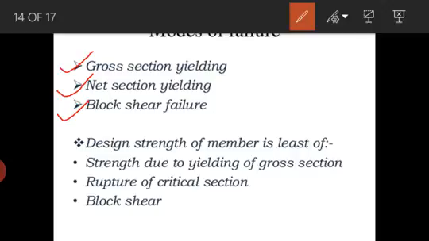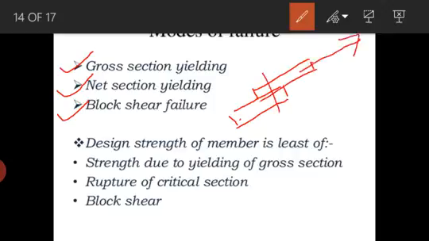So cross section yielding means, when the member is subjected to two pulling actions, the members elongate, and as they elongate they start yielding, and at that ultimate load the members may get elongated up to 10 to 15%. This is what we call cross section yielding.